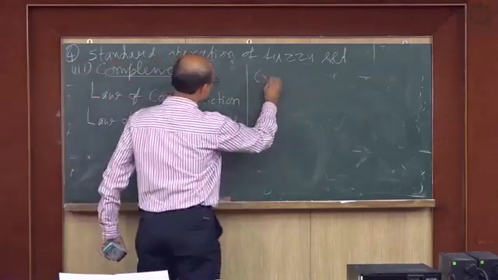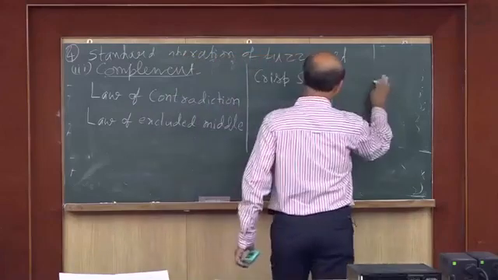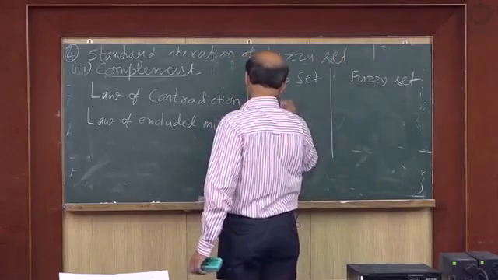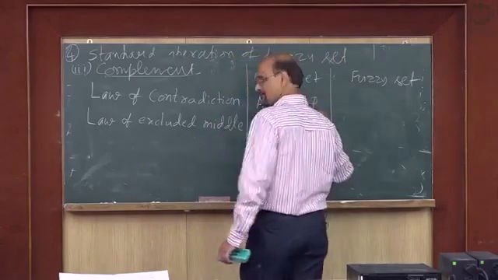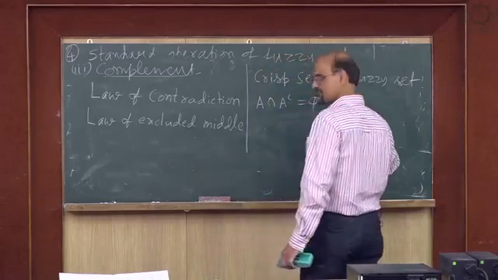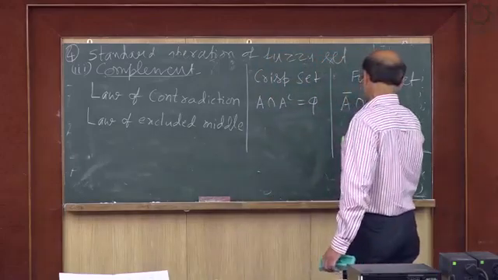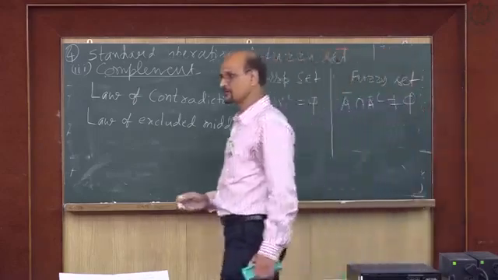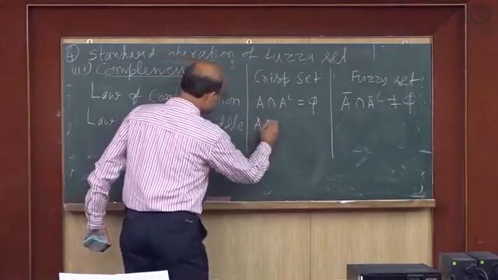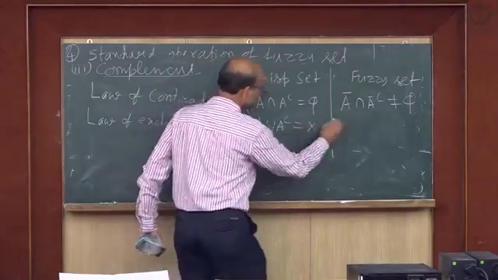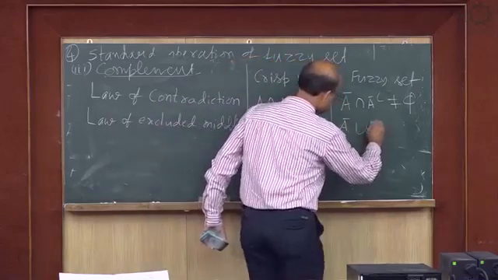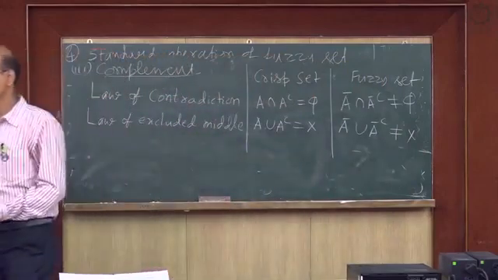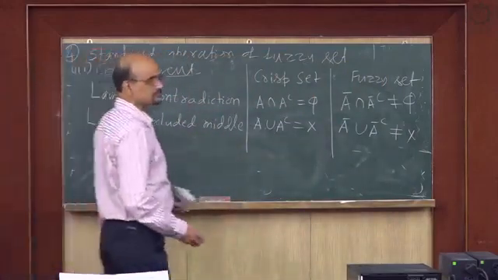So, if I have this set and fuzzy set, A intersection A complement is phi, but here I am taking bar because fuzzy A bar intersection A bar complement may not be phi. And A union A complement is X, here A bar union A bar complement may not be X. These two are important results.